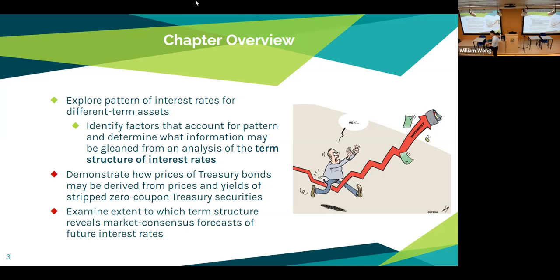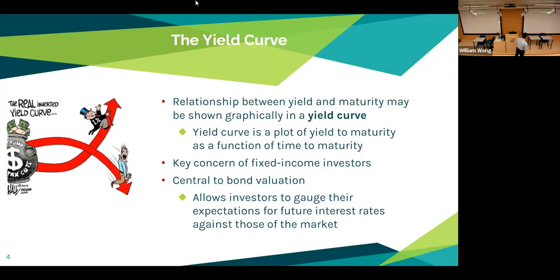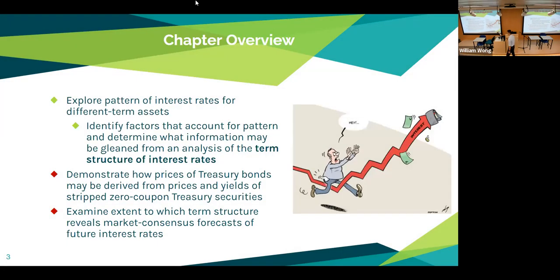But the last 3, credit rating, maturity, and yield to maturity, are very, very important. These 3 elements construct different graphs, and that's a yield spread. The term structure of interest rates is pretty much the same thing. You can say the term structure of interest rates is a yield curve.